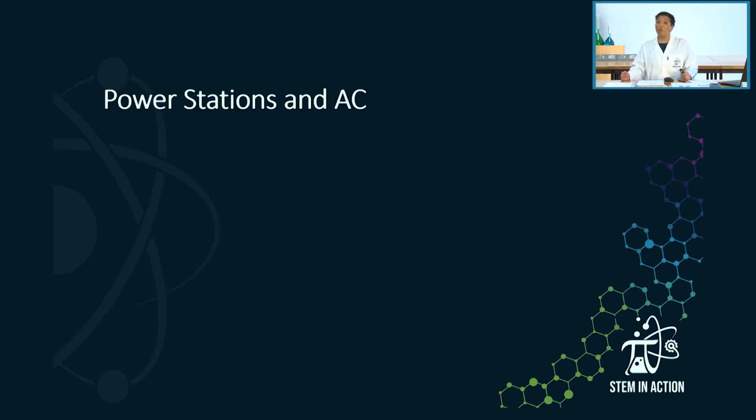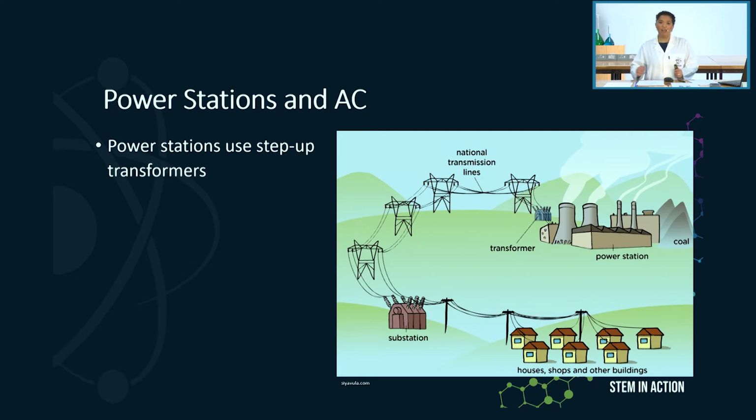Now let's consider our power stations. There we have a little schematic of a typical power station. Obviously this covers a vast area, and we've just brought this in so that you can see how the current that gets to our household, where it actually starts. So our power stations generate alternating current, and this alternating current is stepped up using step-up transformers.